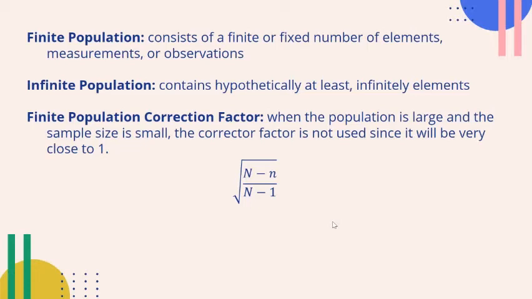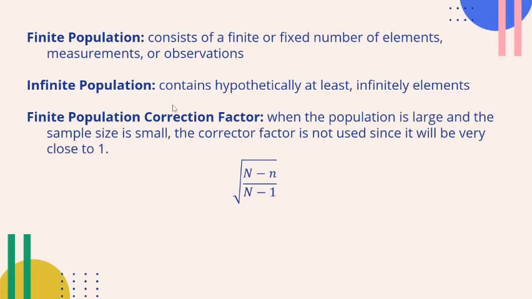The expression square root of the size of the population minus the size of the sample over the size of the population minus 1 is called the finite population correction factor. So in general, when the population is large and the sample size is small, the correction factor is not used since it will be very close to 1.